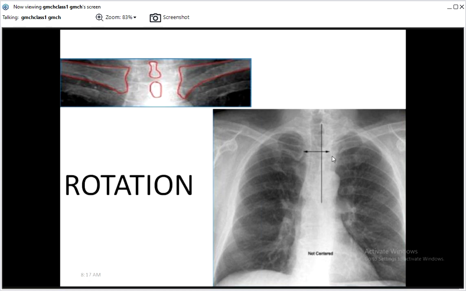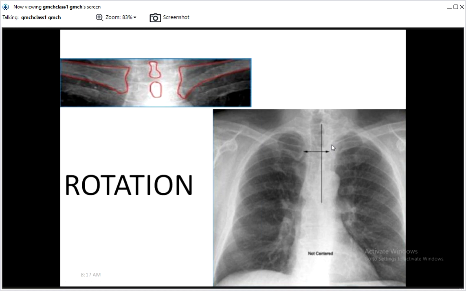So in this X-ray you can see, I don't know how much you will be able to interpret on your device. The people using phones, it would be difficult to interpret. The ones using a bigger device, it would be rather easier. In this X-ray, this is the right clavicle, and it goes up to here. This is the medial end of the right clavicle. This is the left clavicle.